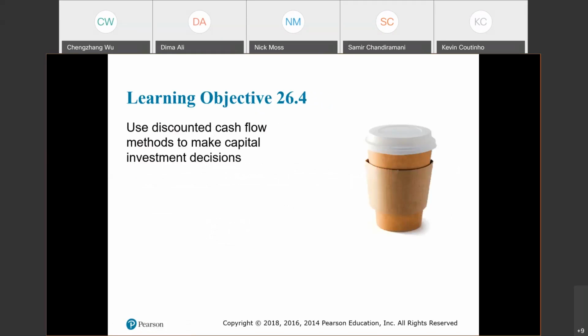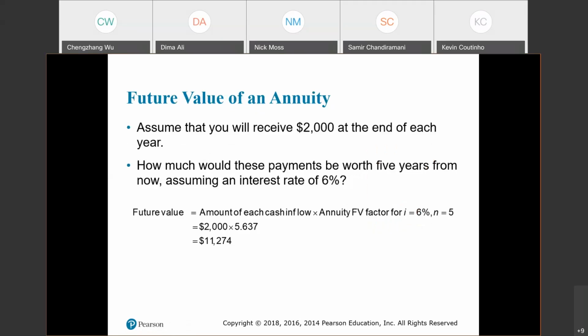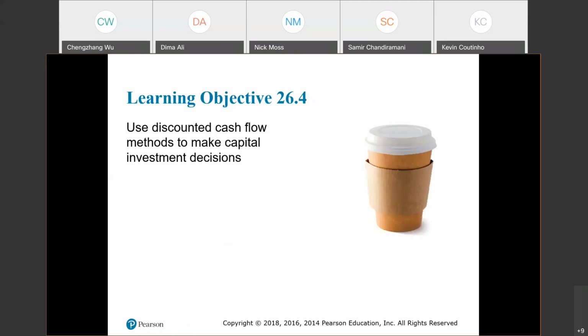So now I have demonstrated the use of these two tables. Let's think of an example, the lottery. For example, you win a lottery and now you have three options. Option number one is to receive the lottery at one time now.